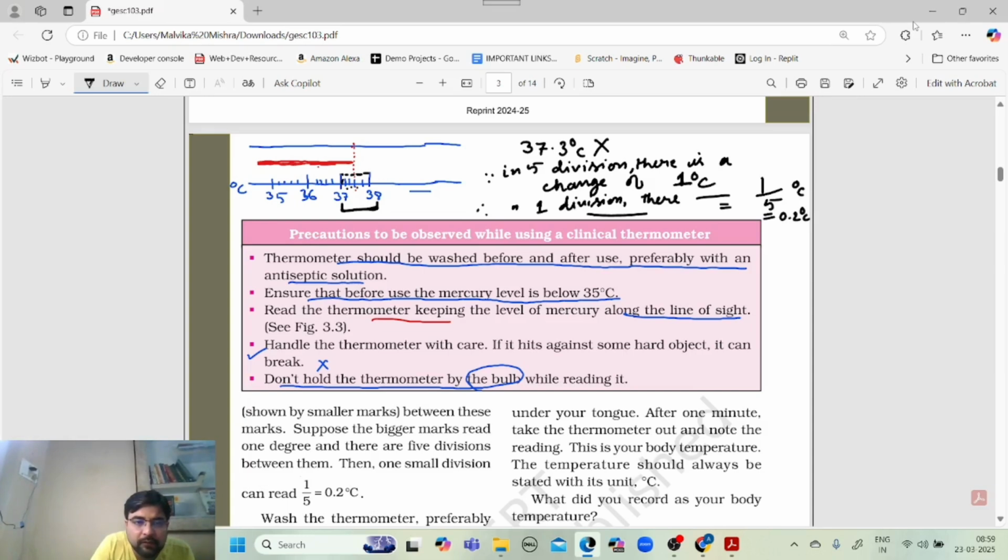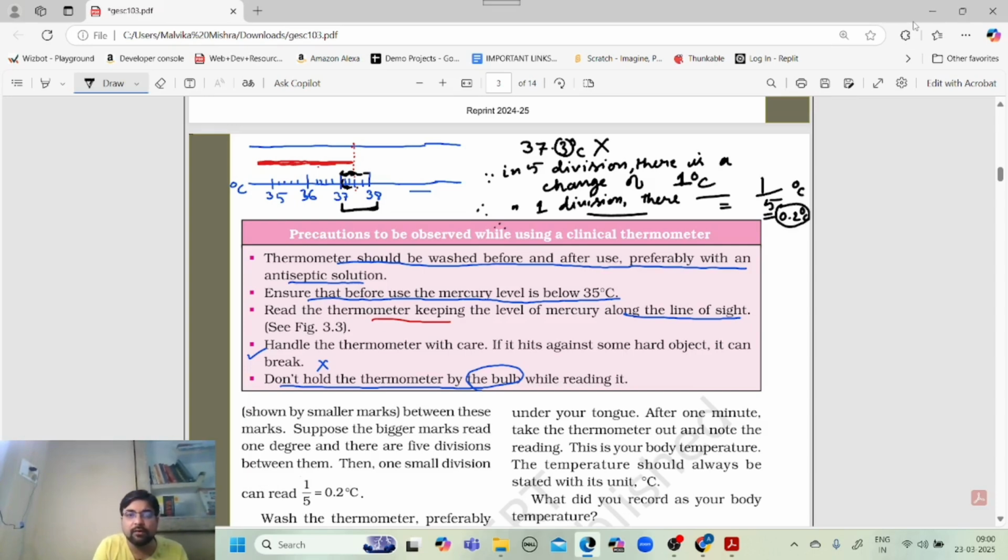So in one division there is a change of 0.2 degrees Celsius. Now, where are we? We are 3 divisions away from 37, right? That's why we had written that 0.3. So 3 divisions away from 37 degrees Celsius means 3 into 0.2.